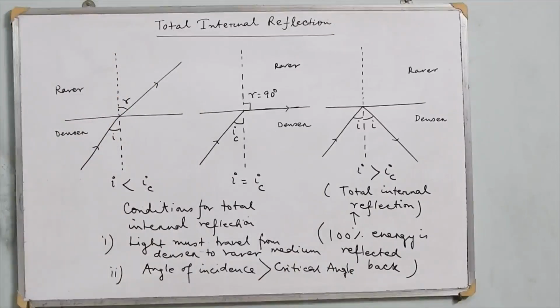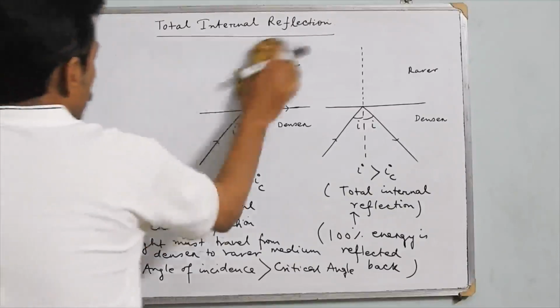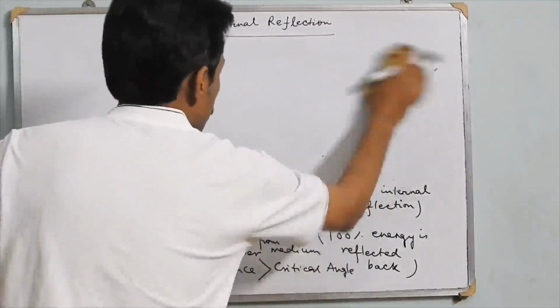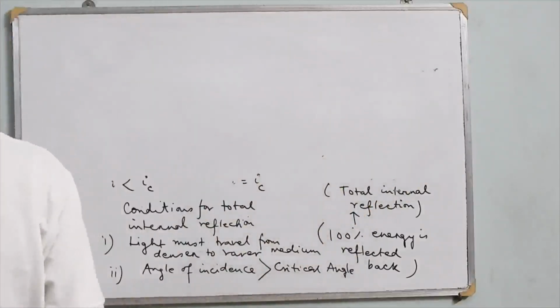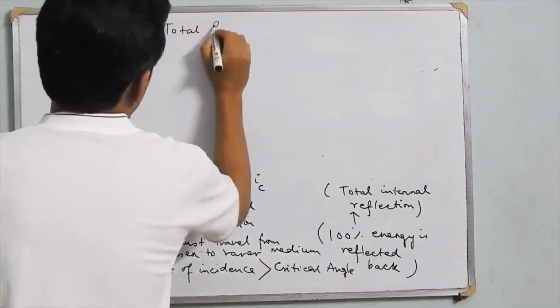total internal reflection. So now let us take the examples of some prisms at the surface of which total internal reflection occurs. So this type of prisms are called as total reflecting prisms. So we take the example of some prisms called as total reflecting prisms.